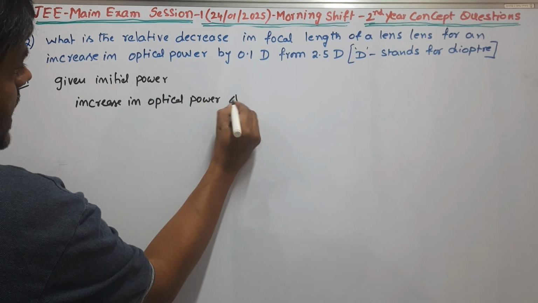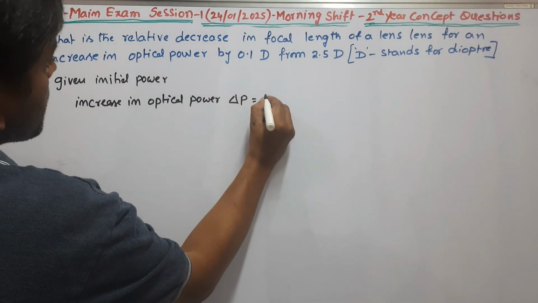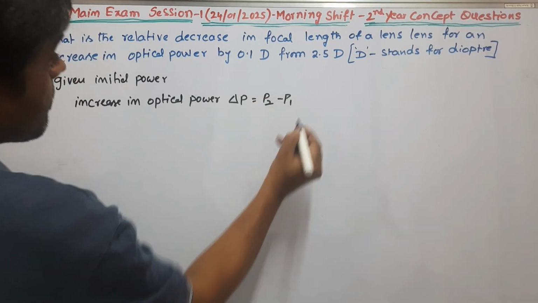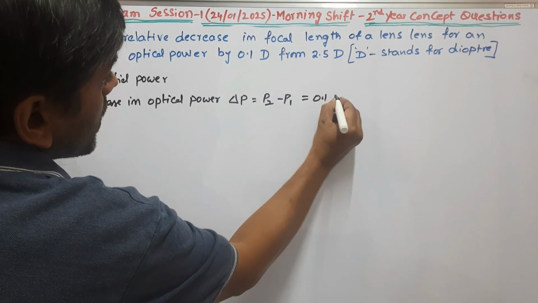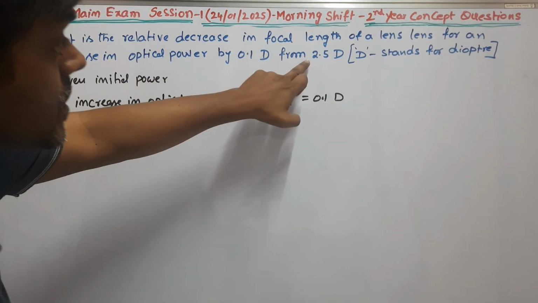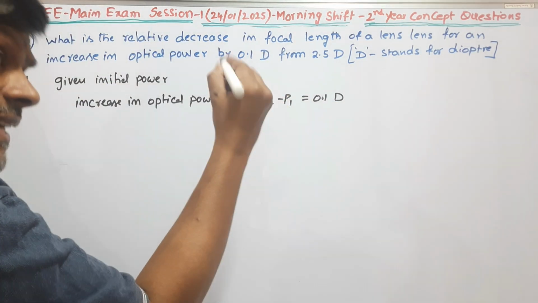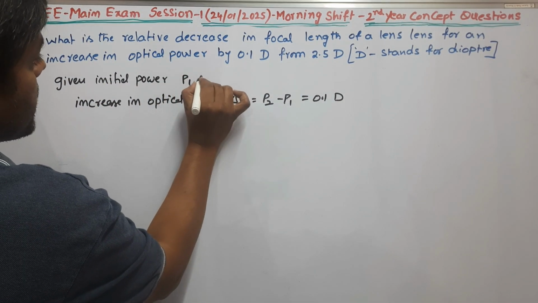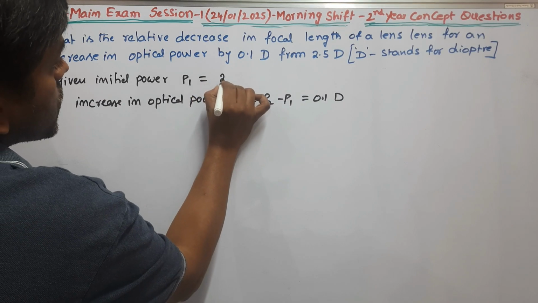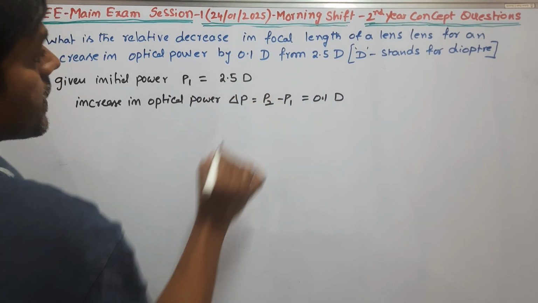That means delta P is given. That means P2 minus P1, final power minus initial power, is equal to 0.1 diopter, where 2.5 is the initial power. That means the given initial power P1 is 2.5 diopter.